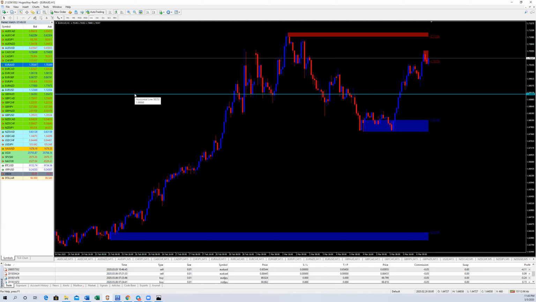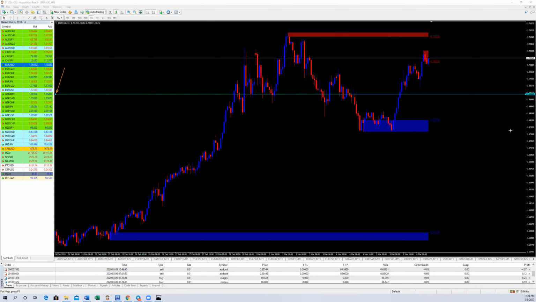Once you drop the line, you want to double click the line until you see this little box that shows up. Let me grab a little arrow so I can point the box out to you guys. You want to double click the line so that that little box right there shows up, and there's one on the other side as well. Hopefully you can see that.